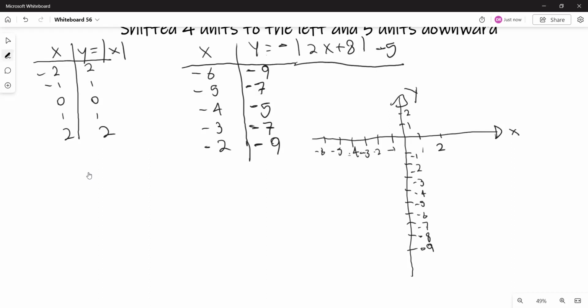Okay, so let's sketch the graph. The first graph, we have done this a few times. That's the graph of the absolute value function. And the graph of the new function, it passes through -6, -9, -5, -7, -4, -5, -3, -7, and -2, -9.